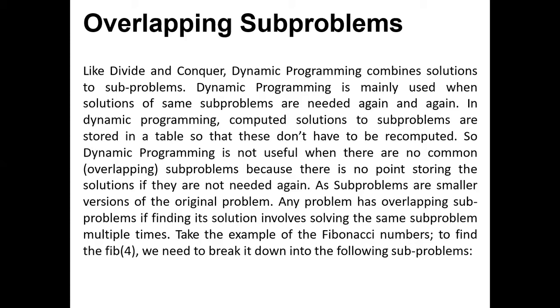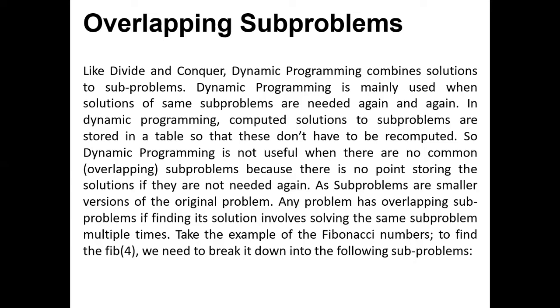That is called overlapping of subproblems. That means the problem is repeated again and again, and we require its solution again and again. For that, we will use a table which we can consult whenever the solution to that particular subproblem is required. Subproblems are the smaller versions of the original problem.